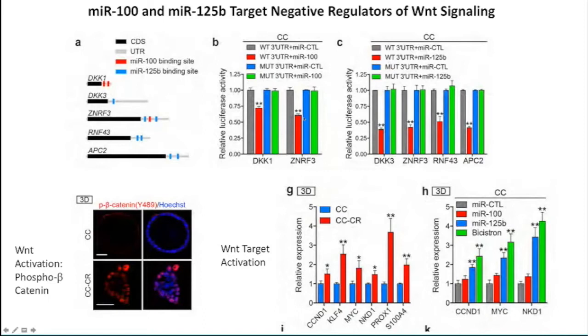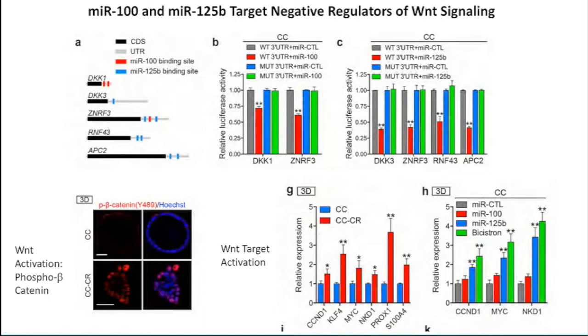And so for DKK1, and the same story for ZNRF3. As we walk through all these different RNAs, it looks like miR-100 and miR-125 bind to and suppress negative regulators of Wnt signaling.